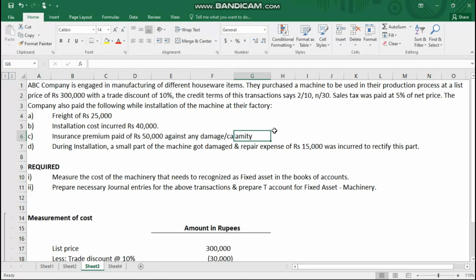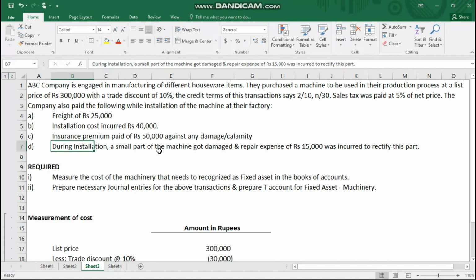It will not be counted into the cost of the machinery, because as per definition, this is not any directly attributable cost. Okay, so this is an expense, so I will not include this amount into the cost of the fixed asset.